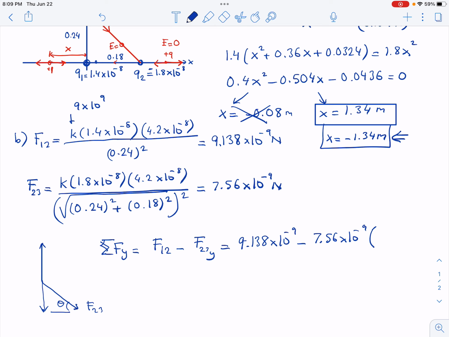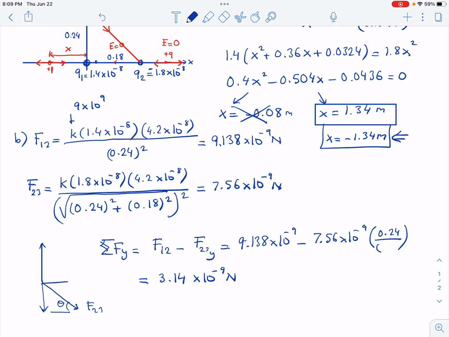Sine of theta is 0.24 divided by the hypotenuse, which we already have up there. From here you will get 3.114 times 10 to the negative 9 Newton.